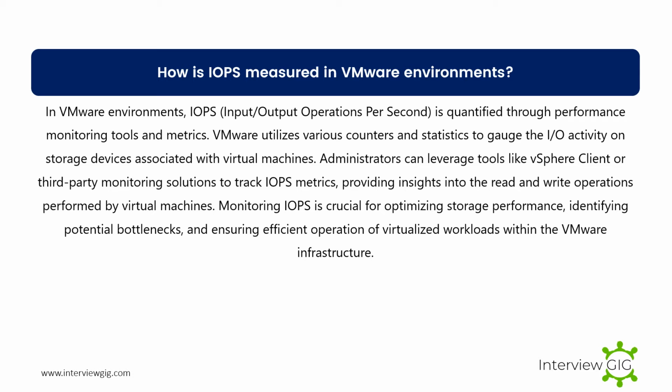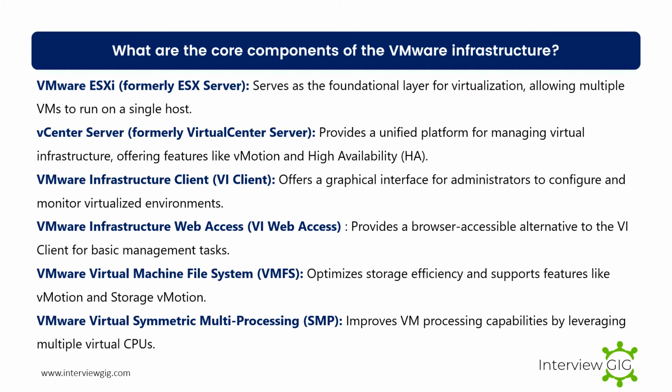Administrators can leverage tools like the vSphere Client or third-party monitoring solutions to track IOPS metrics, providing insights into the read and write operations performed by virtual machines. Monitoring IOPS is crucial for optimizing storage performance, identifying potential bottlenecks, and ensuring efficient operation of virtualized workloads within the VMware infrastructure.